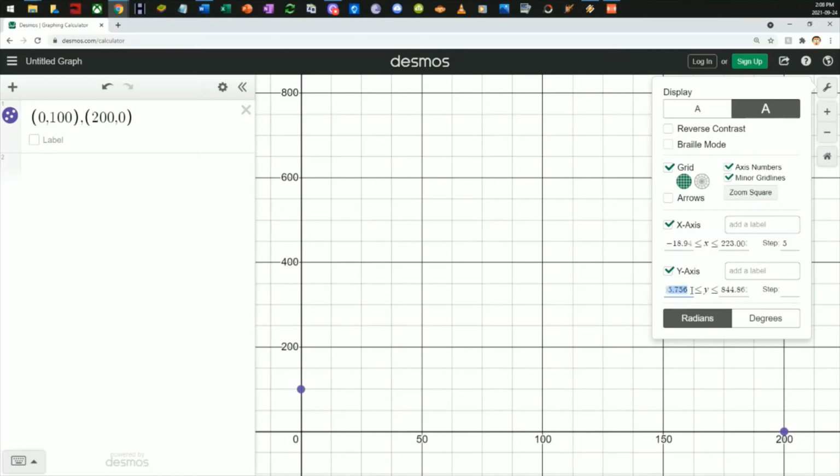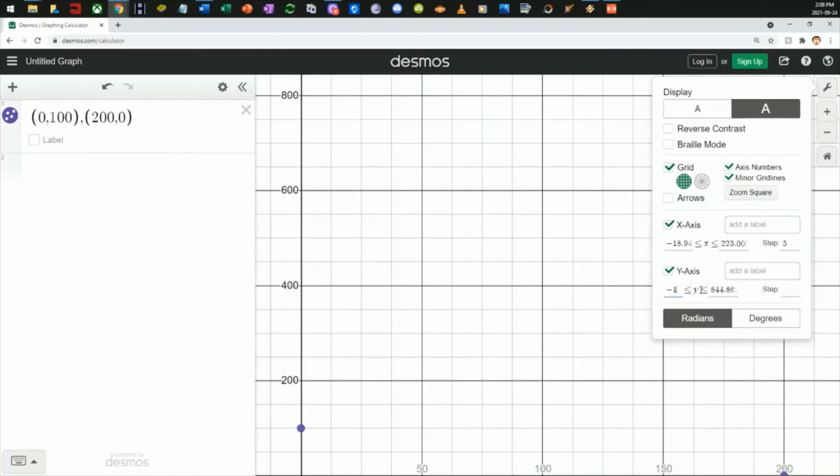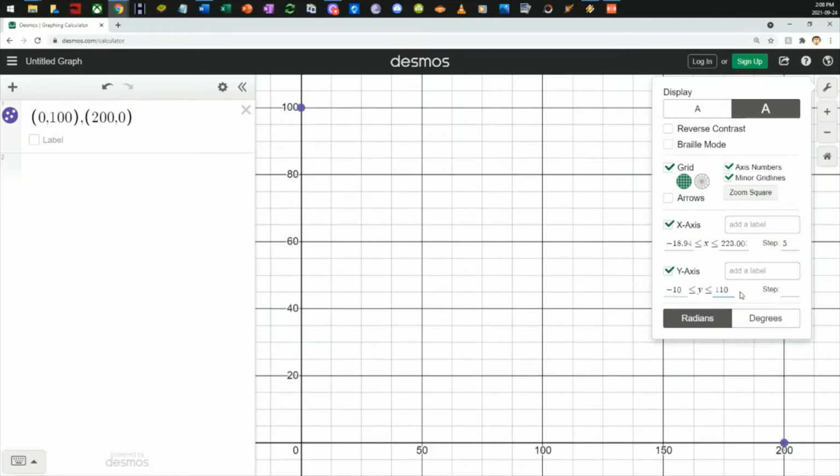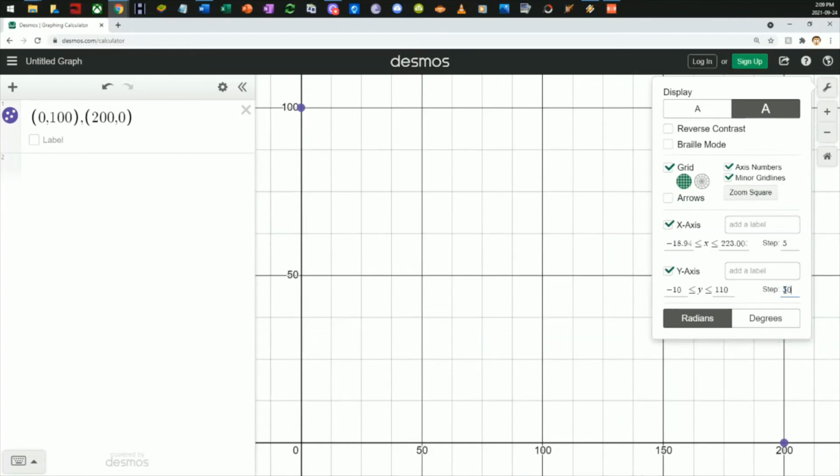I'll make it -10 to about 110. And again, you'll notice I always go a little bit over just to kind of make it so that you can see the end points on the graph instead of being right on the edges. Let's go up by, I don't know, is 20s okay? Doesn't want to do 20s. 50s will have to do, I suppose.